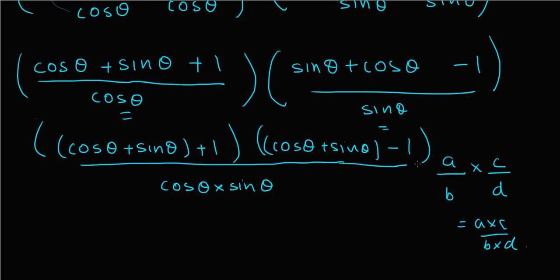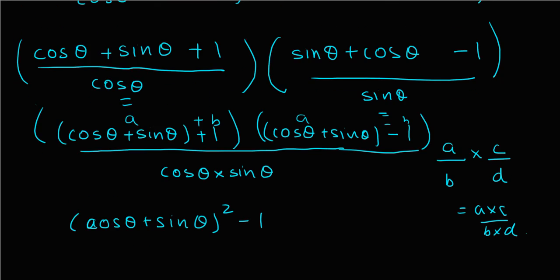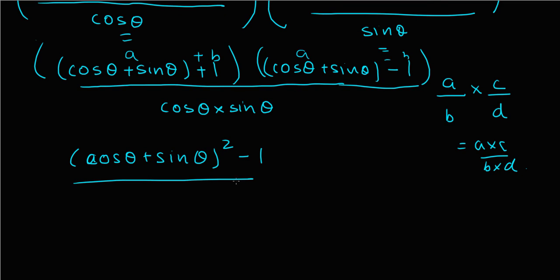minus 1. So if we observe, this is of the form a plus b into a minus b, which is a square minus b square. So a over here is cos theta plus sine theta whole square minus 1, by cos theta into sine theta.